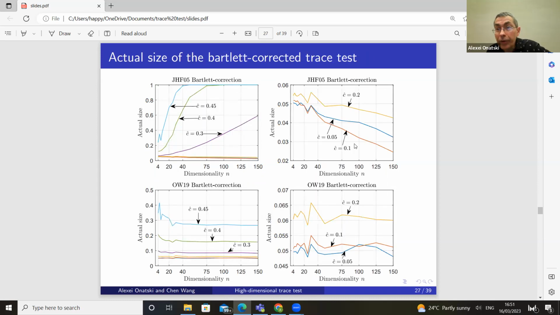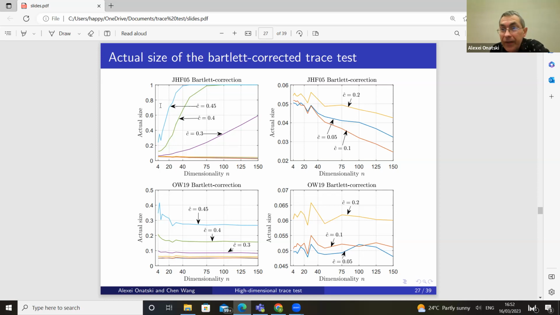So now let me show you the advantage relative to the Bartlett corrected test. Remember, I told you that one of the solutions to this over-rejection was proposed by Johansen himself. He proposed to Bartlett correct the test by dividing the asymptotic distribution by some constant. And what you see here is the size of Bartlett corrected tests for different c again. On the top panel, it's Johansen's proposal for how exactly to Bartlett correct the test.